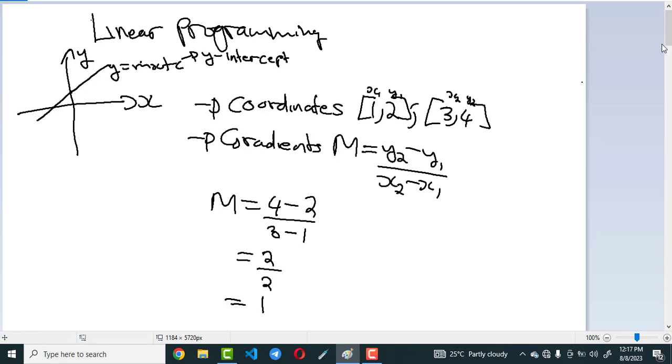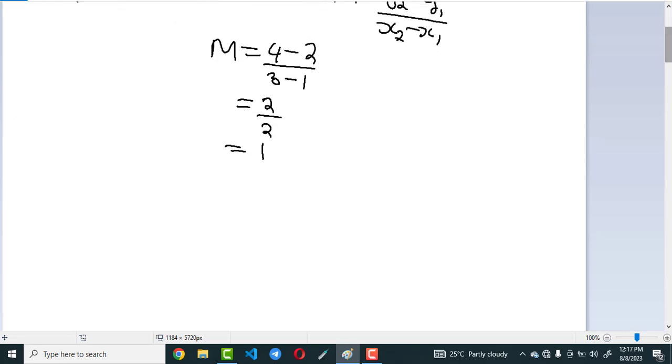So now that we have our coordinates and our gradient, we need to find the equation of a straight line, y equals mx plus c.